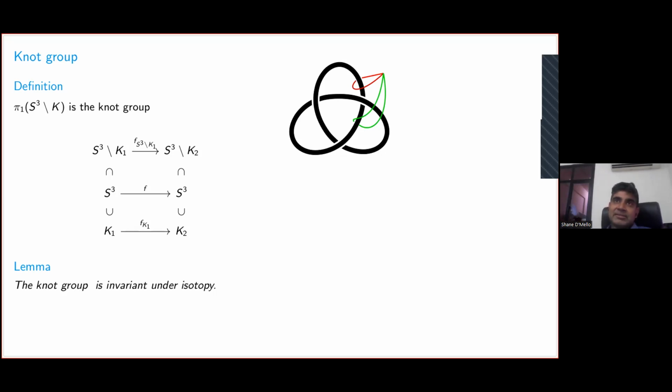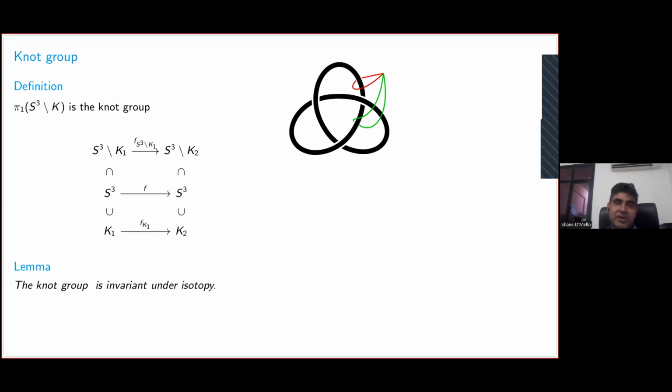So, since it's hard to tell apart knots, the usual way out is to try and define things which are invariant, things that, given a diagram, you can compute easily.